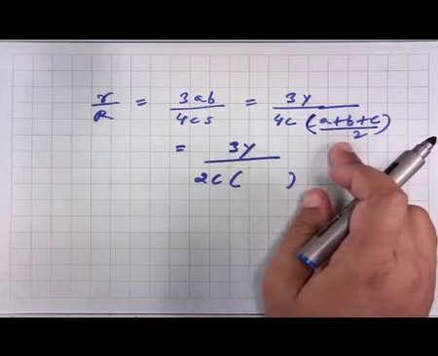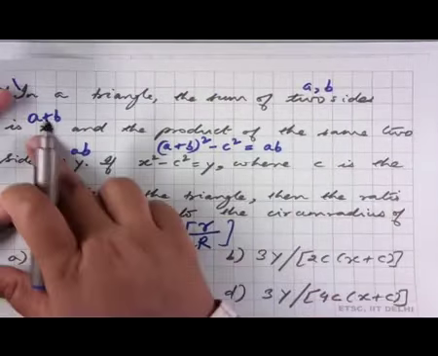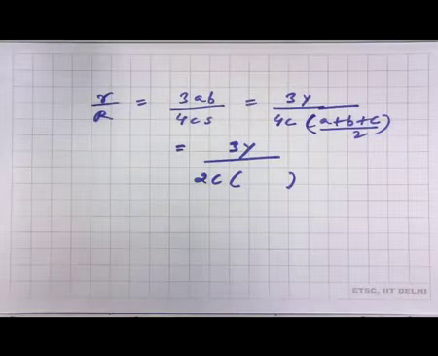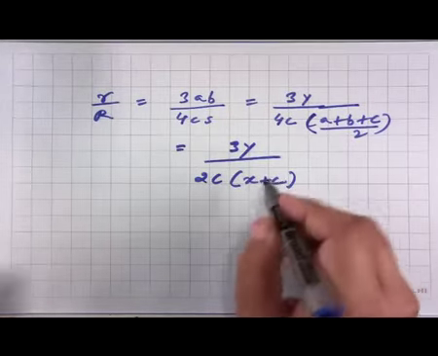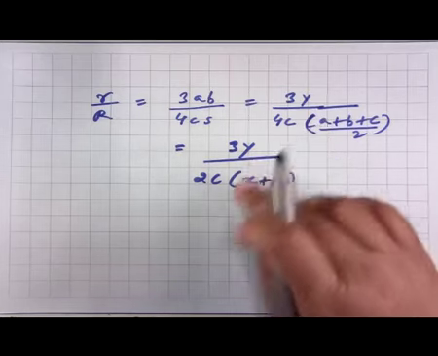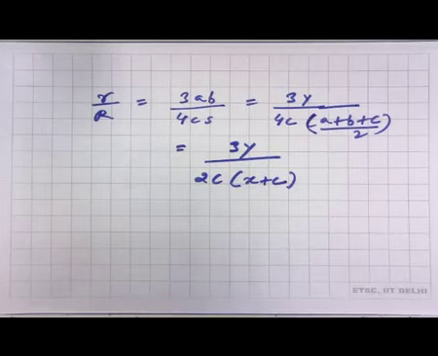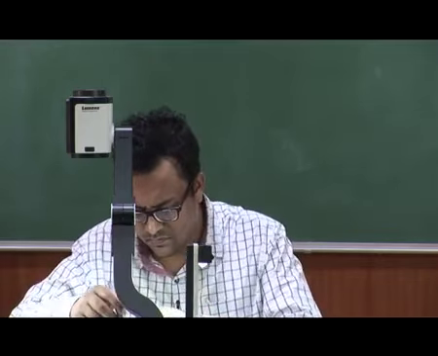But we know from the statement of the question itself that A plus B is x, and therefore this is x plus c. So, we finally have r by R as equal to 3y over 2c times (x plus c), which is option B.